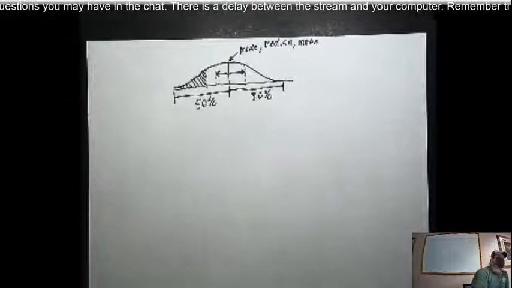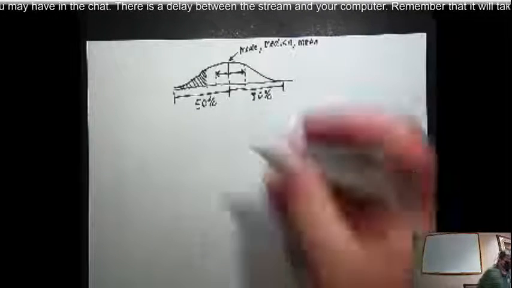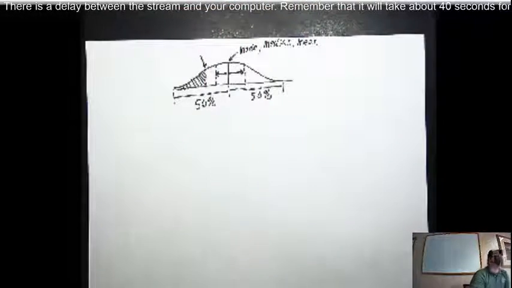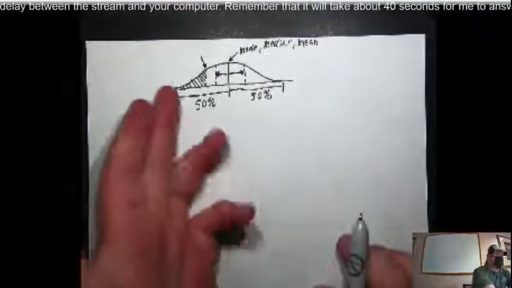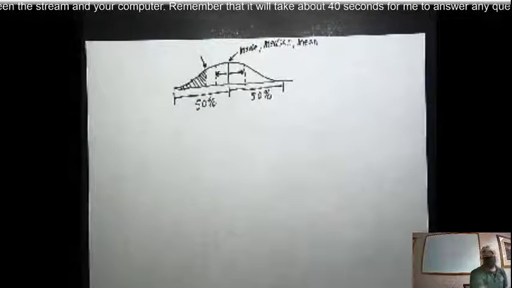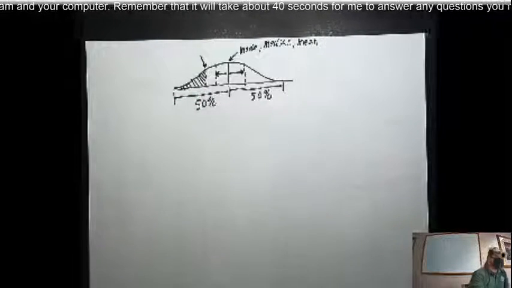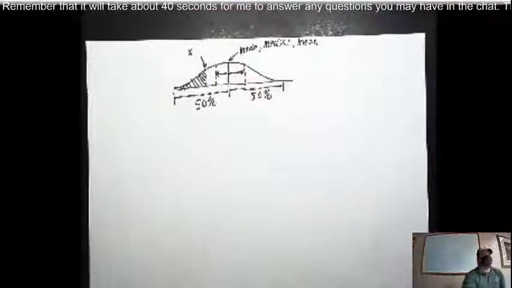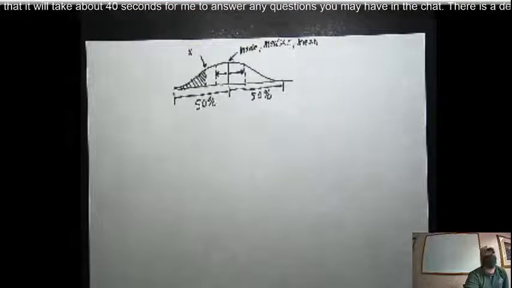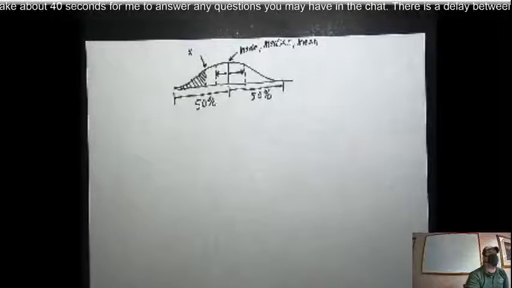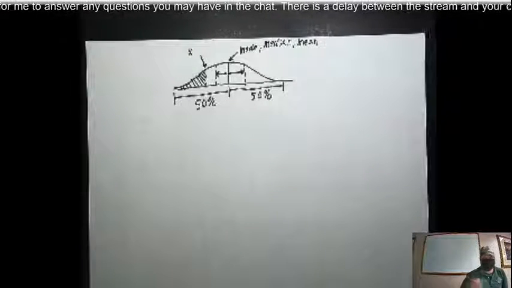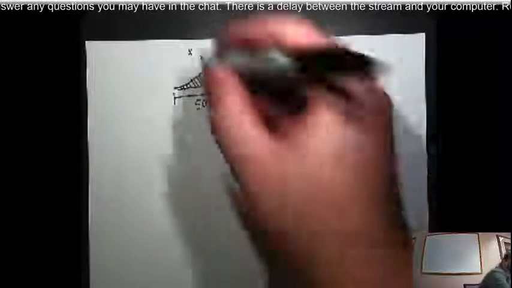Okay, well, to figure that out, we need to know a few things. First of all, we need to know what this point right here is. So where does this area stop? This is an x value. Of course, an x value is just any random data point from our data. So in this case, let's say it's 50.